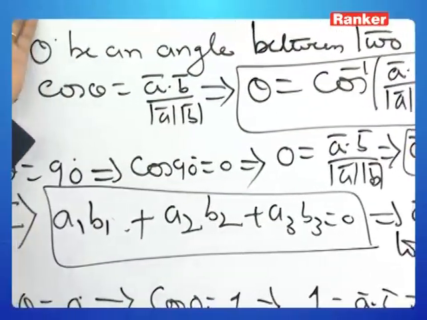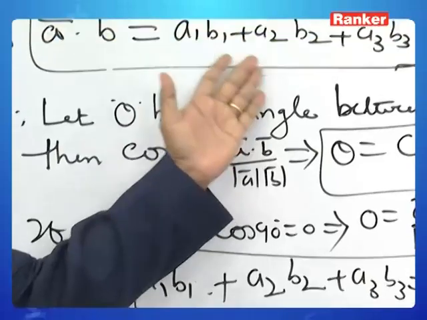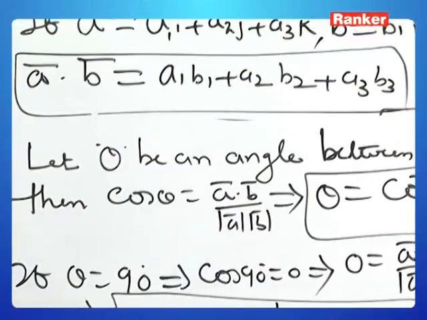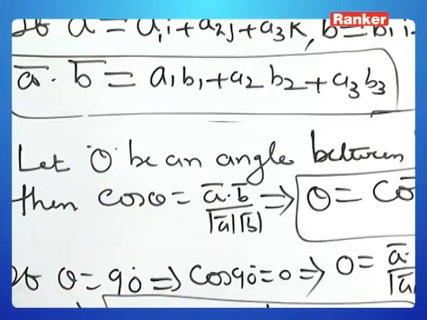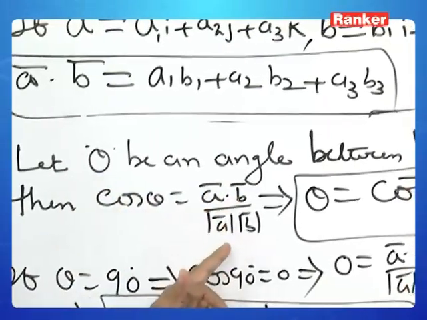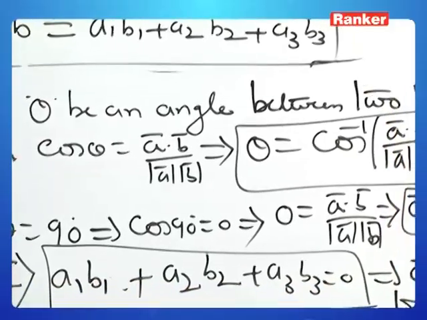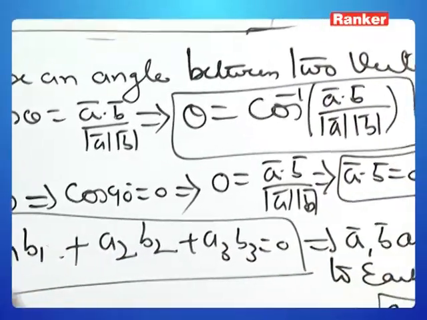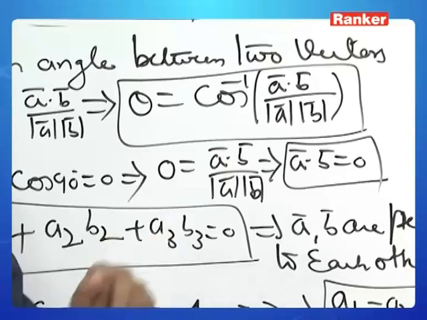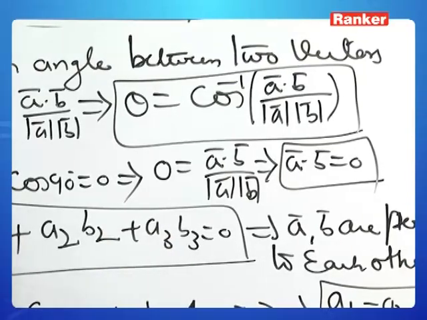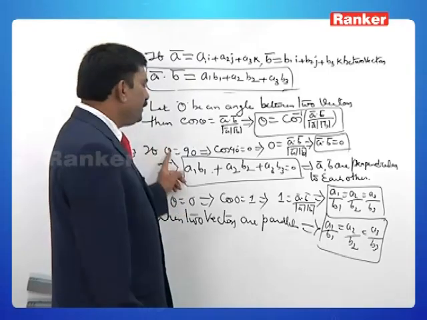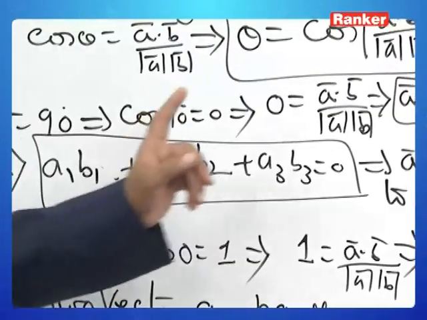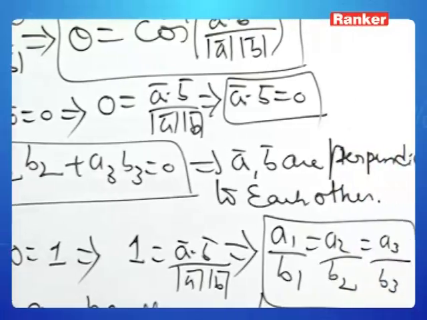Students, by using the fundamental definition of dot product when theta is not given, we established A dot B is equal to A1 B1 plus A2 B2 plus A3 B3. After knowing that, when theta is an angle between the two vectors, cos theta is equal to A bar dot B bar by modulus of A bar into modulus of B bar, which implies theta is equal to cos inverse of A bar dot B bar by modulus of A into modulus of B. If theta is equal to 90, then the two vectors are perpendicular to each other.